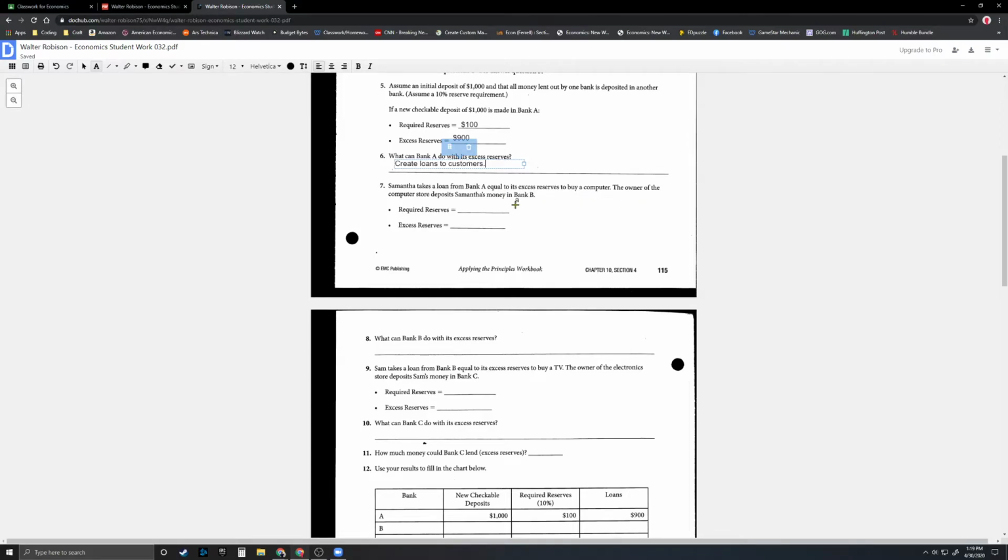The owner of the computer store deposits Sam's money into Bank B. All right, so my required reserves are 10%, so 10% of $900 is $90. I take my $900, I subtract 90, and I get 810. Okay, what can the bank do with the excess reserves? The same thing it could do before. They can create loans to customers.